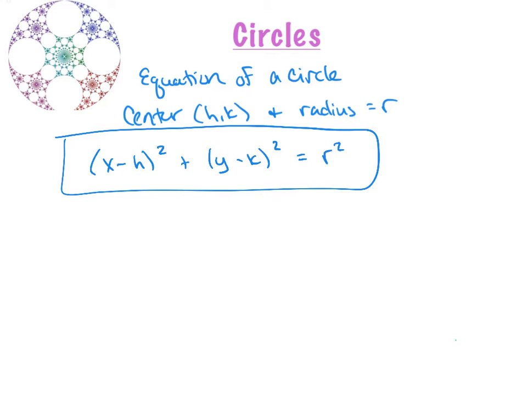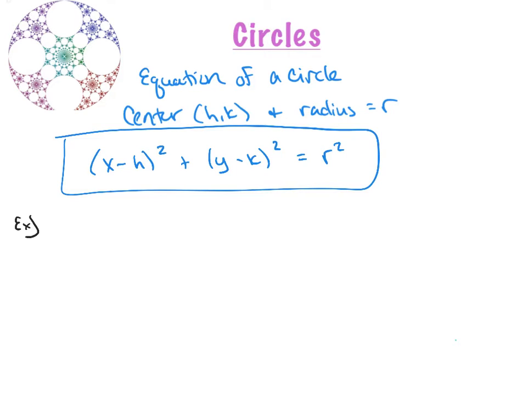It comes from the distance formula, which way back several minutes ago came from the Pythagorean theorem, but this is the formula that I want you to remember. And this is the formula that we're going to use to do our practice problems.